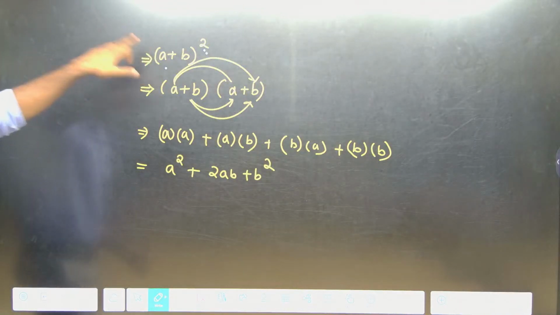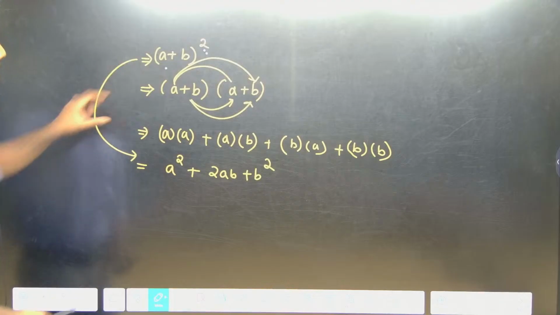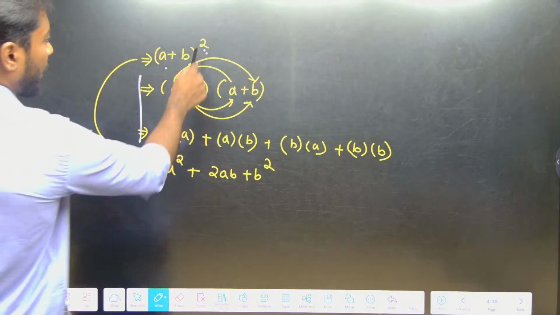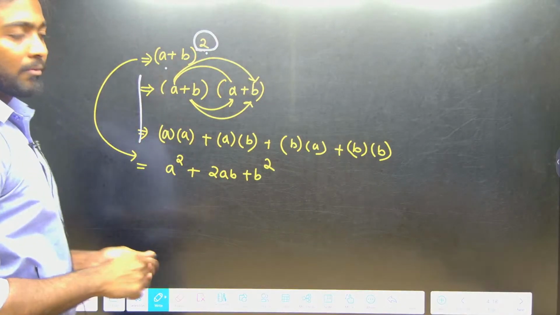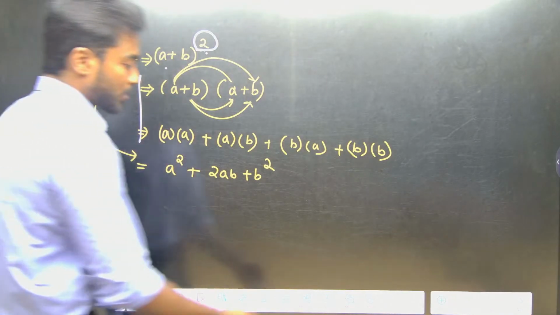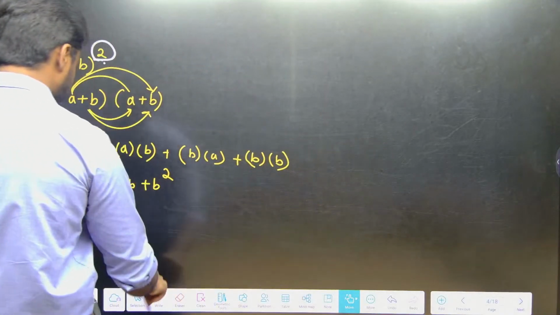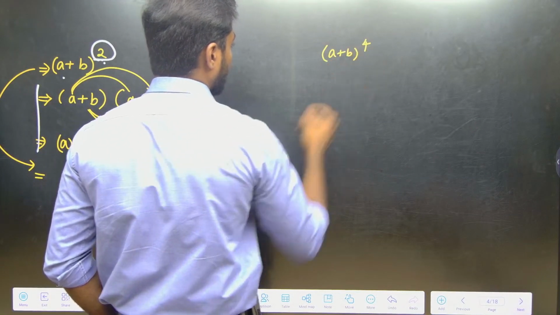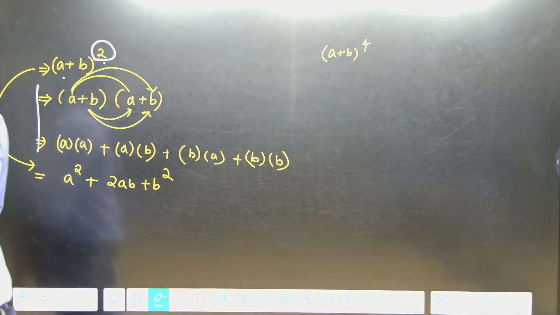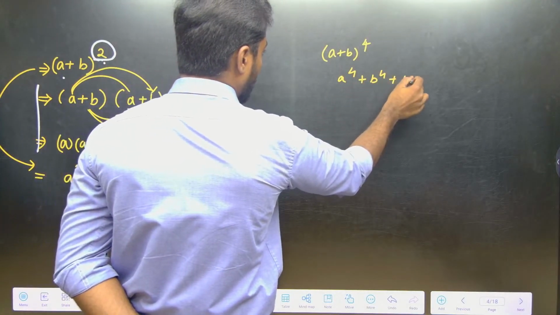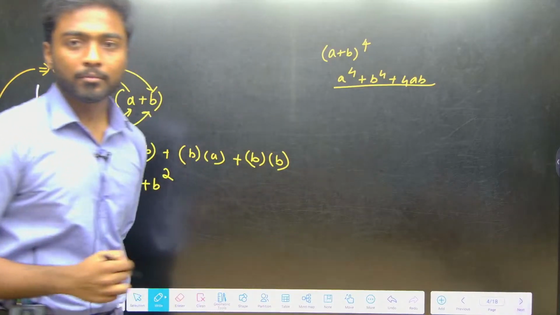So we know the direct formula, but how the steps are arriving, that is important, because when the power is given as 2, we are able to say a square plus 2ab plus b square. Suppose the power is given like this, (a plus b) whole power 4. Will I be able to say the direct formula? Is the answer a power 4 plus b power 4 plus 4ab correct?